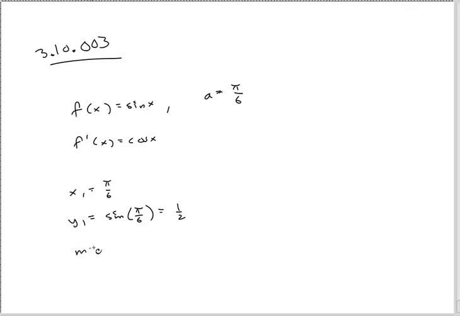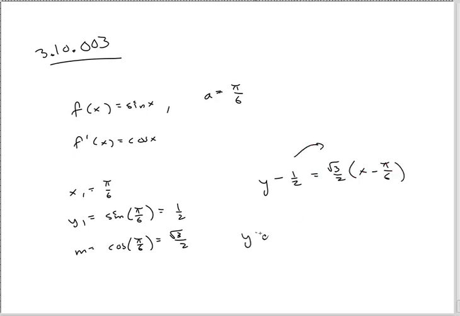And then my slope is the cosine of pi over 6, which is the bigger one, square root 3 over 2. So y minus a half is equal to square root 3 over 2 times x minus pi over 6. Move this guy over, of course, and that will be your answer exactly as they normally have it. Just copy this thing down.